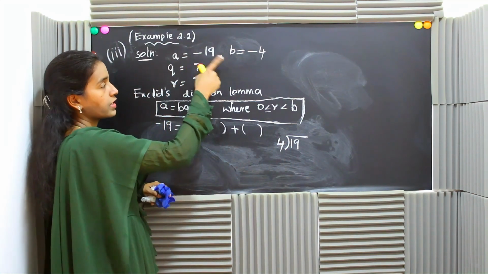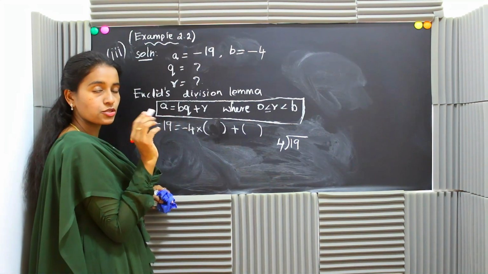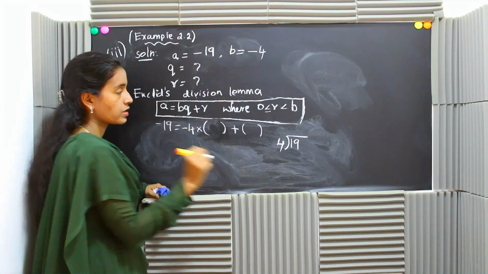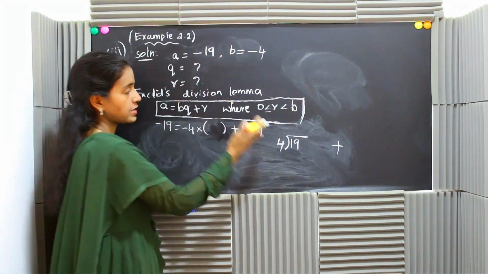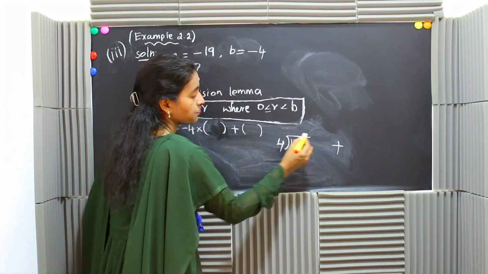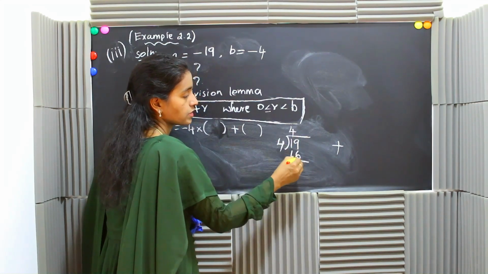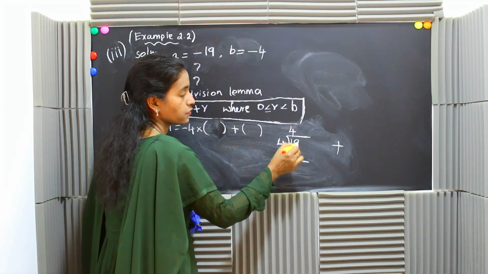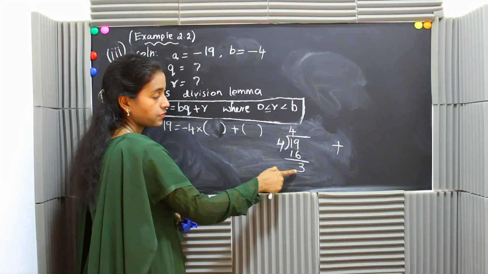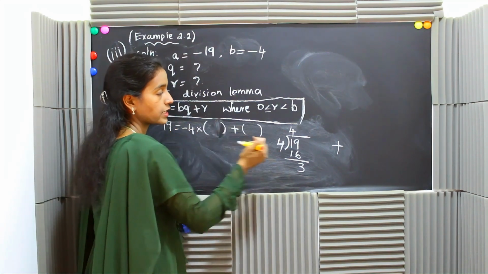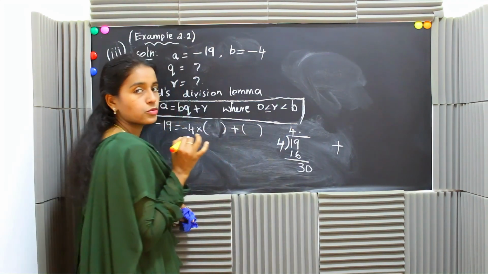Here we are having two negative numbers, so I should take the quotient as a plus number. Okay, the answer should be plus. So when I am dividing minus 19 by minus 4, I am getting 4. 4 4s are 16, right? If I subtract 16 from 19, I'll be getting 3. Here we couldn't divide 3 by 4, so I should put a point and add one more 0.